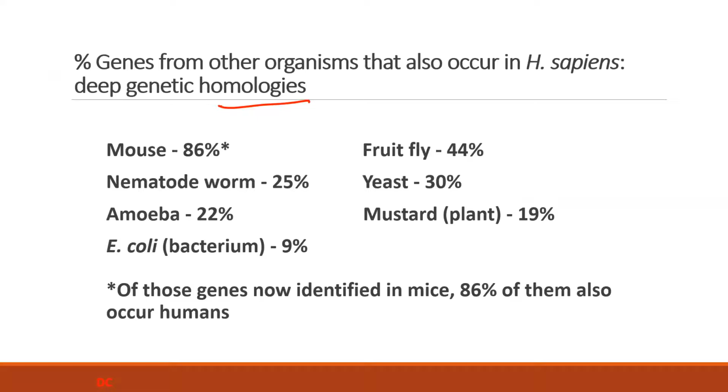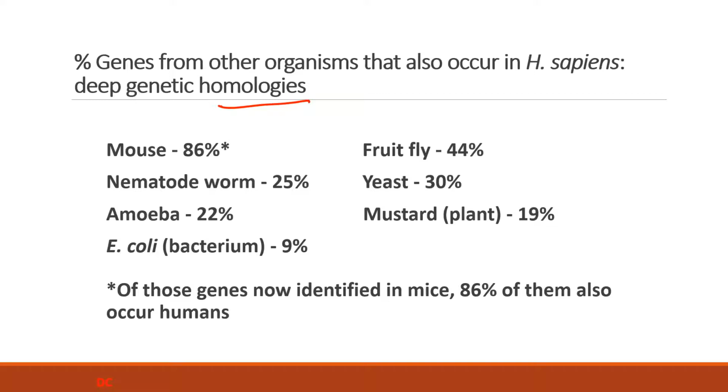There's a gene for controlling hair length, and that same gene is in a mouse. There's a gene for controlling how big an eye is, and that same gene is in a mouse. Mice have genes that tell them how long to make their tails. We still have genes in human beings that say how to make a tail. That's why we have a tailbone. We just don't have a gene that says make a tail. So some genes are different, but 86% of the genes are similar.